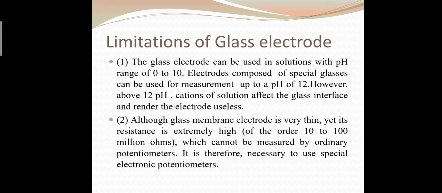This disadvantage we have overcome by using a combination of a potentiometer along with vacuum tubes. So, keeping in mind the limitations of the glass electrode, we can easily calculate the pH values of unknown solutions.